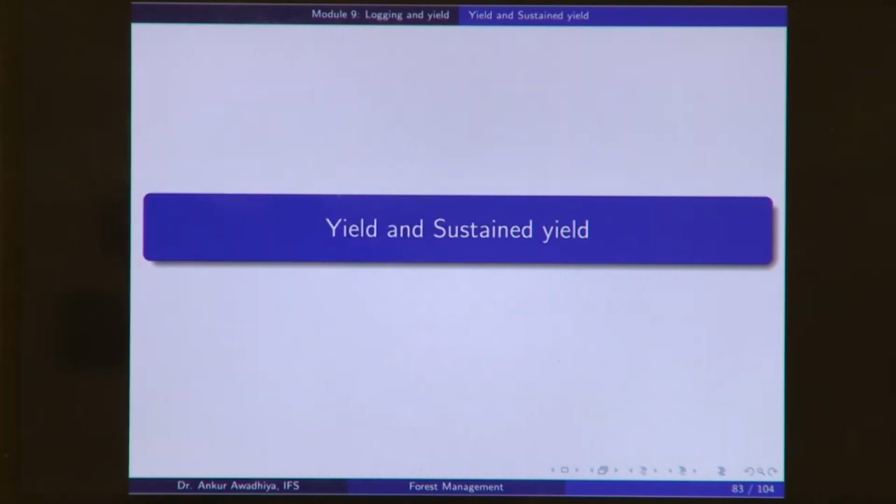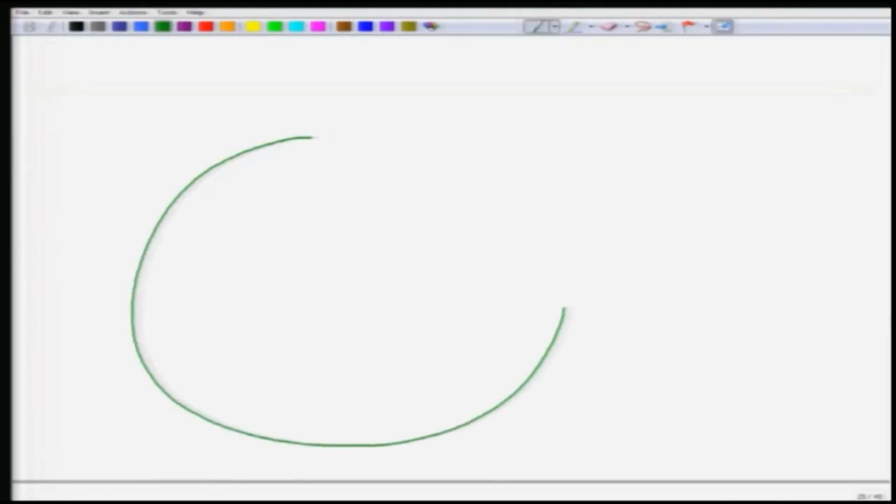Now, the basic question when we are doing classical silviculture is this: you have a piece of land and there are a number of trees on this piece of land.